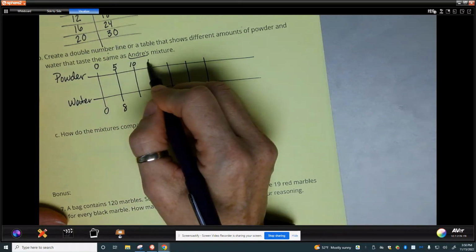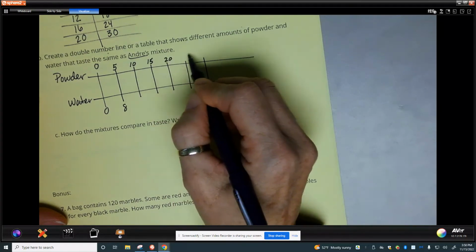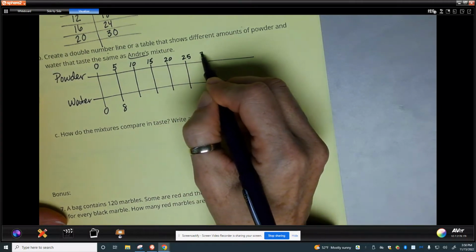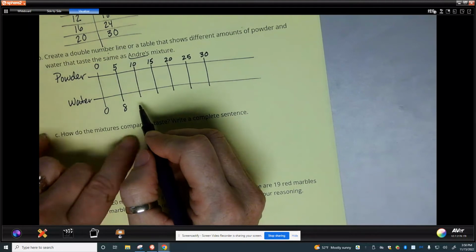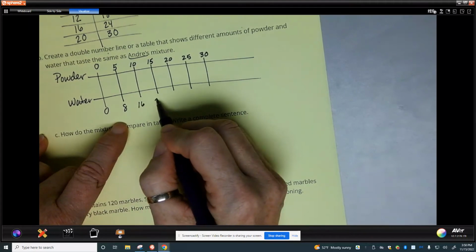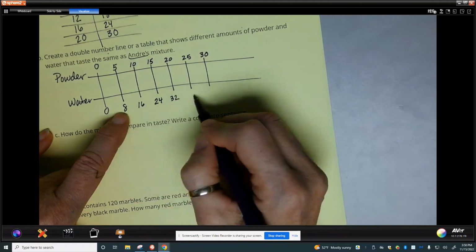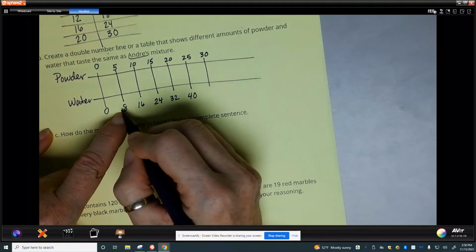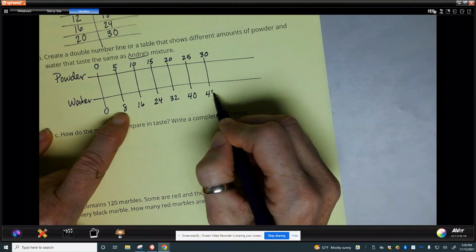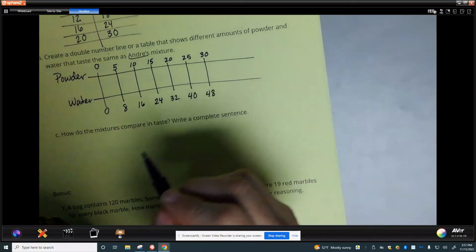So 5, 10, 15, 20, 25, 30, 8, 16, 24, 32, 40, 48.